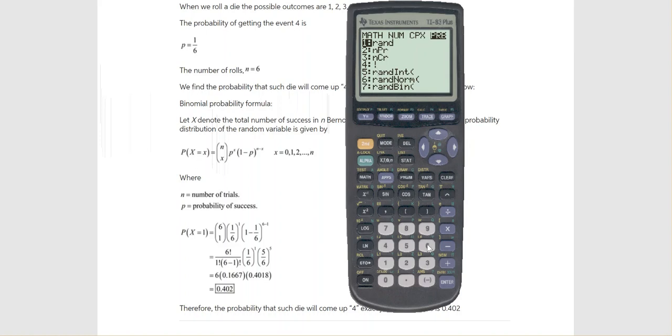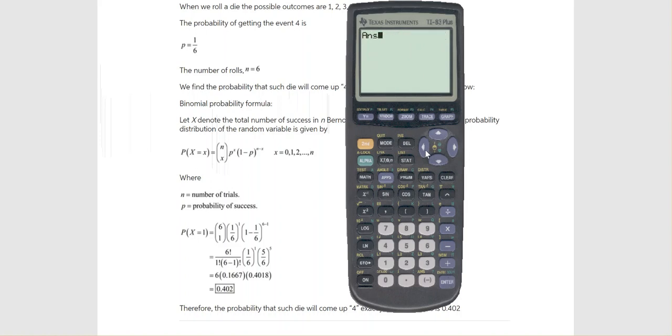So 6 factorial, oops, clear all that junk out. Math, where'd that go? Okay, so number 4, that's the button we want.